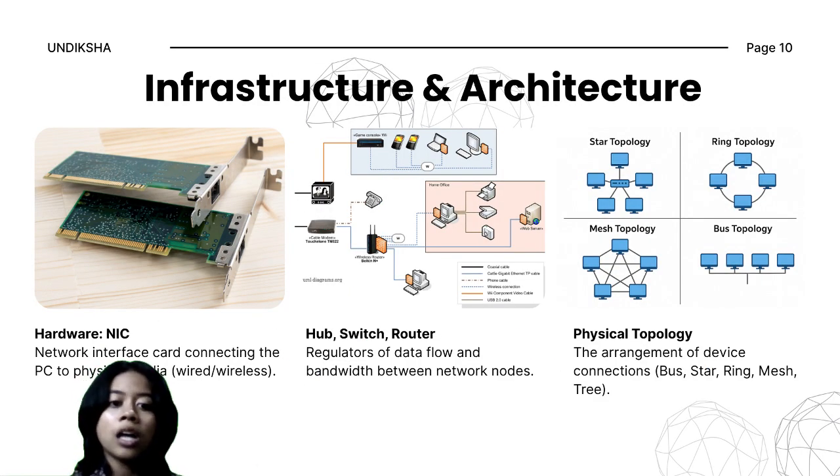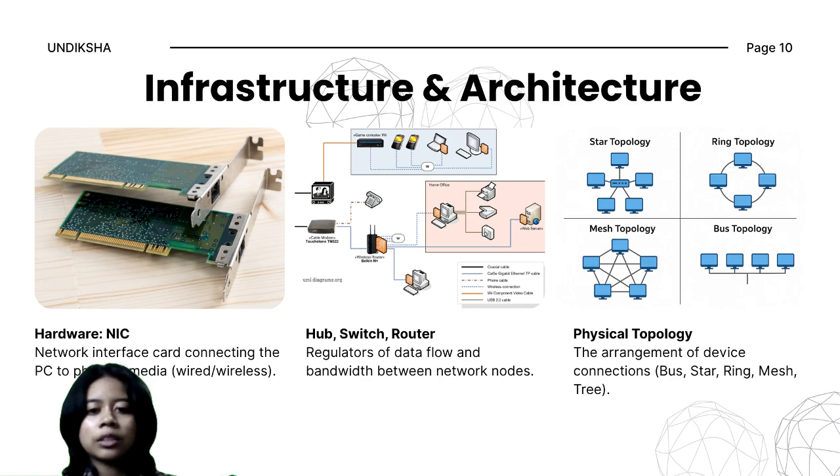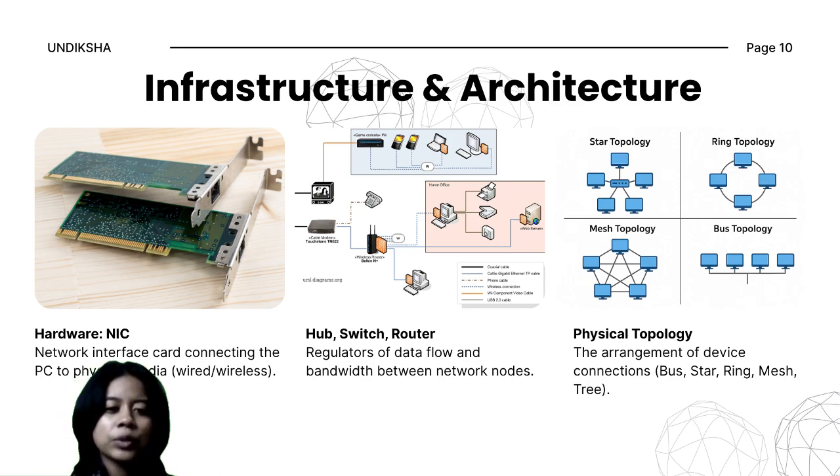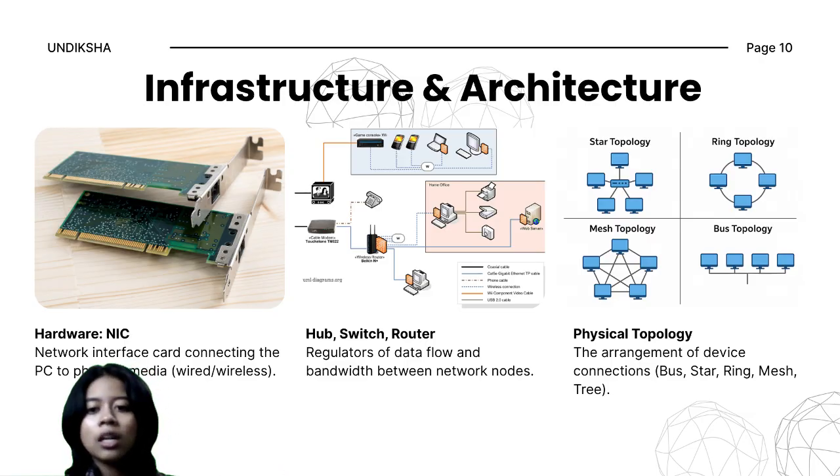Now, let us advance to our third structural pillar: infrastructure and architecture. To translate this concept into functional reality, we must deploy specific physical hardware components. The first critical component is the NIC, or Network Interface Card.